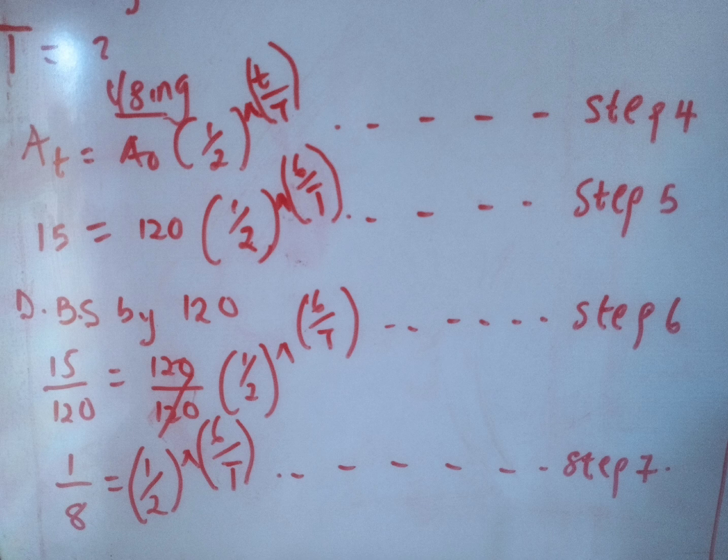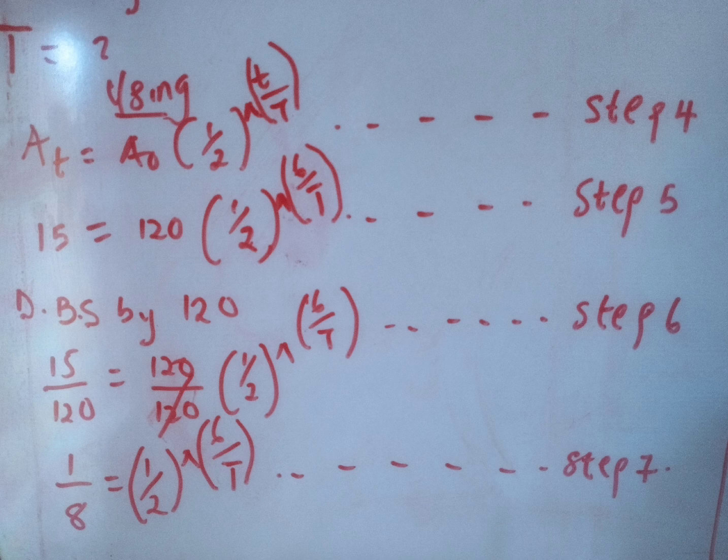Let's make it easy: divide 15 by 3, which gives us 5, and 120 by 3 gives us 40. So, how many 5s can we see in 40? That's 1 over 8. So we have 1 over 8 equals one half raised to the power of 6 over t.